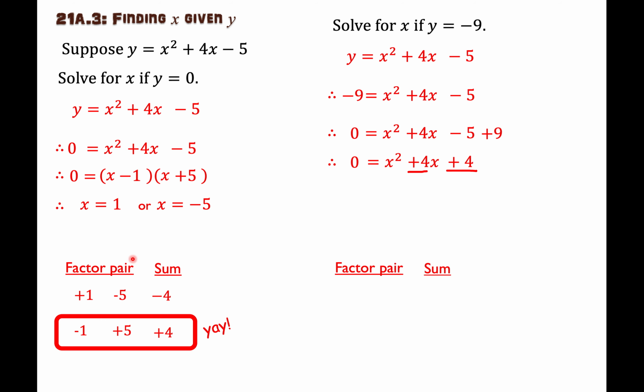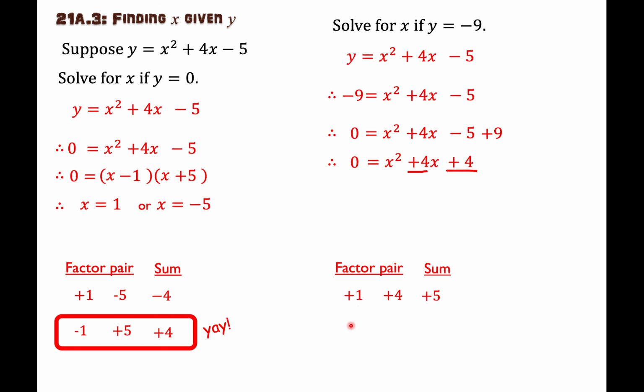So the way that I would tackle this is I'd start with +1. +1 times something gives me +4. Well, positive and positive is a positive. 1 times 4 is 4. So it has to be +4. And if I add these together, 1 plus 4 is 5. Oh, but that's not what I want. I want +4.